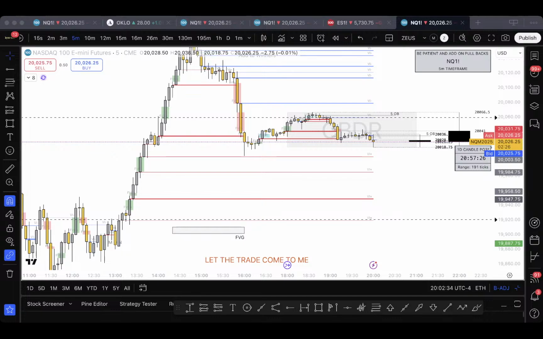Alrighty, let's go ahead and clean up our charts. This is kind of the annoying thing of contract changes, but hey, we gotta do what we gotta do. Okay, what is going on?